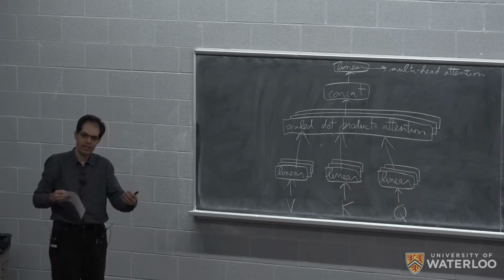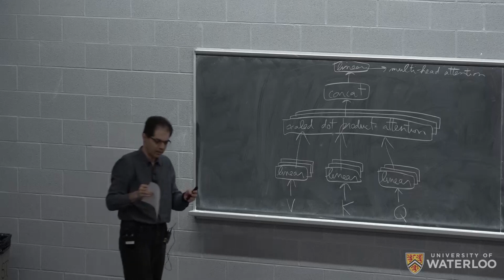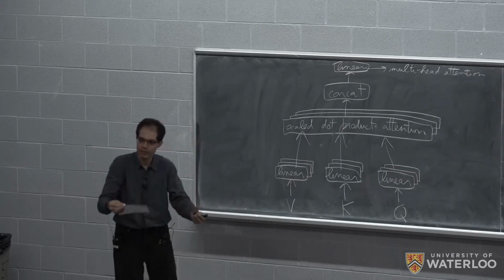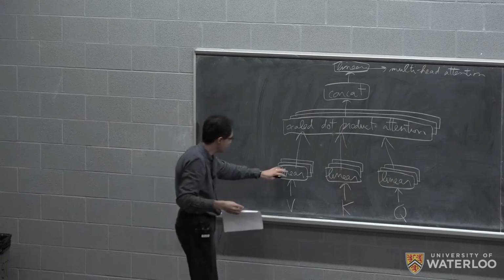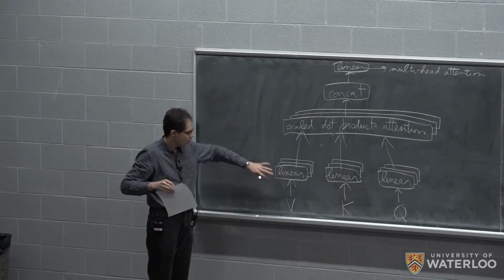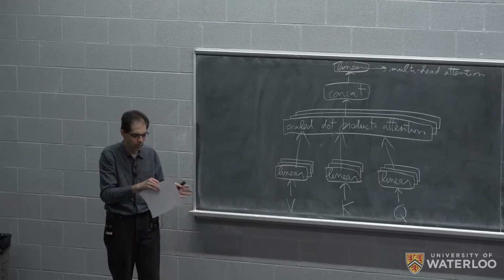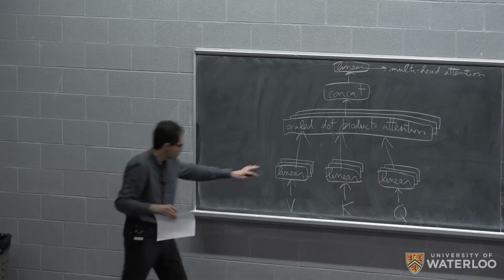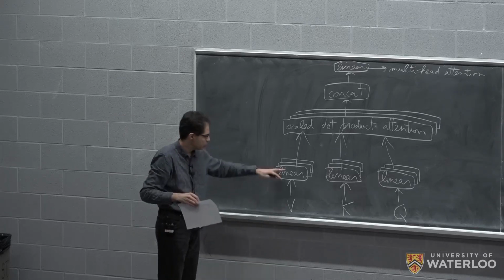So we saw that in a convolutional neural network, you can compute multiple feature maps simply by having different filters. So here, these linear combinations are a bit like different filters, although in this case, you can think of them as more like projecting or simply changing the space in which the values reside.